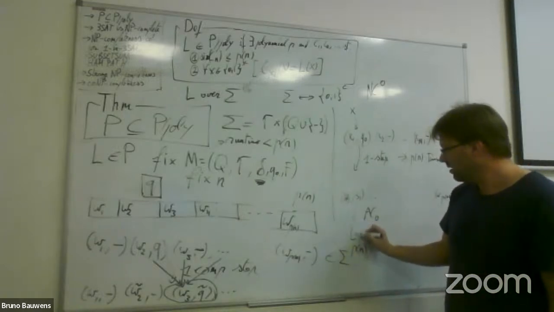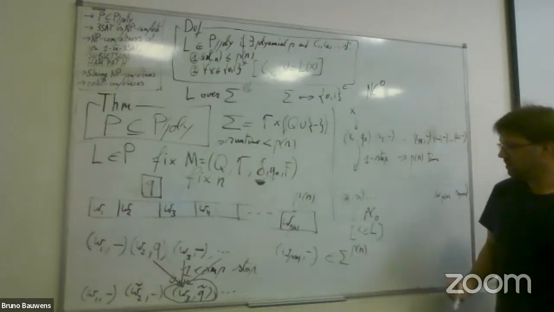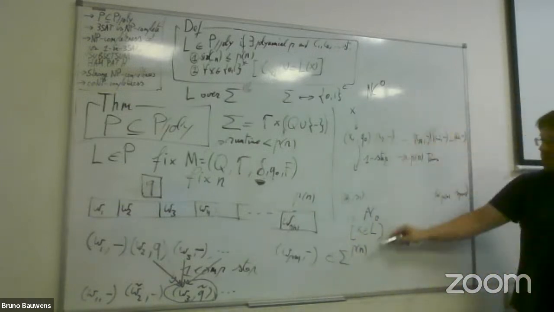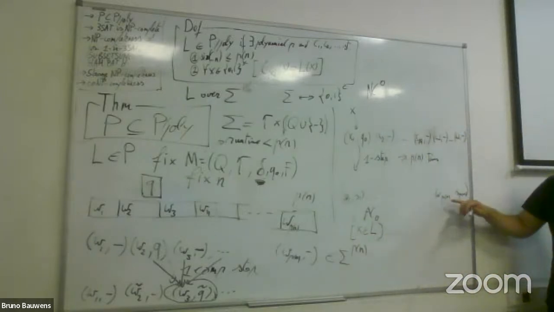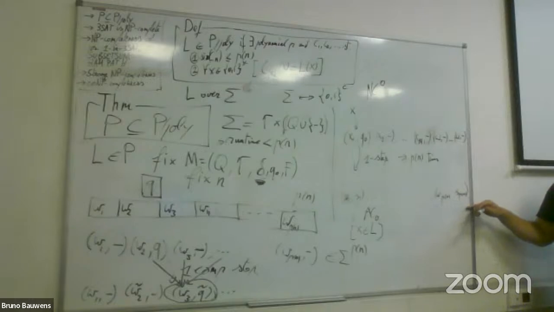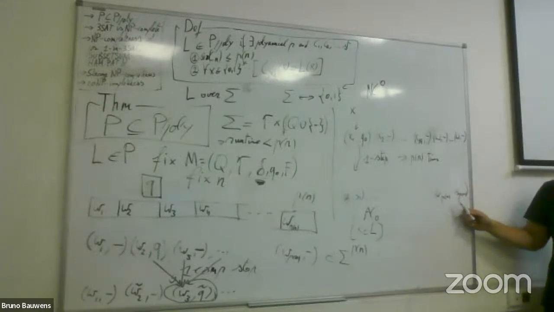So X in L. And so here what we have is a circuit of size... that's a good question. What's the asymptotic size? Yeah, so we have P of n as the bound on the time.